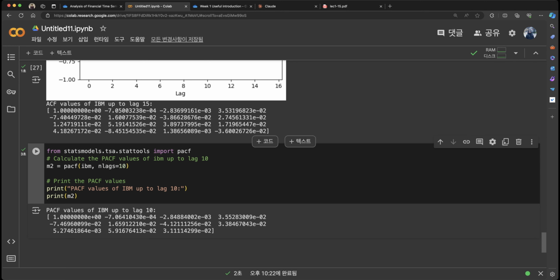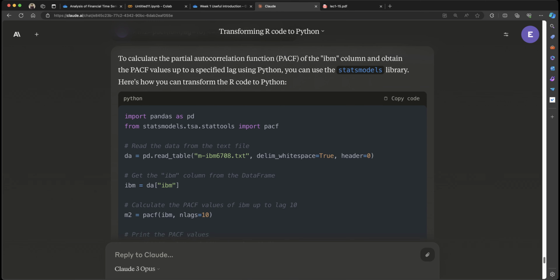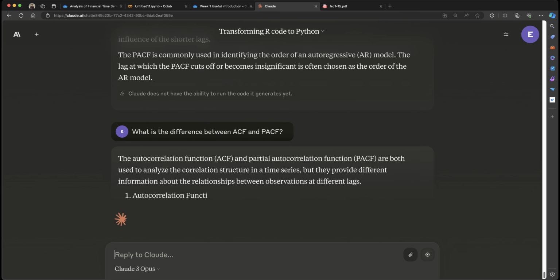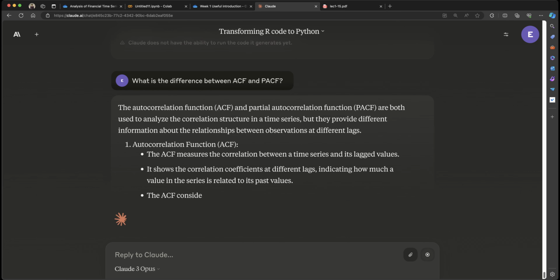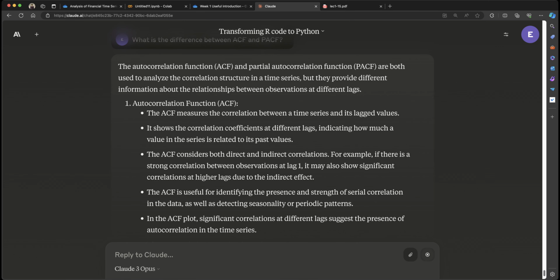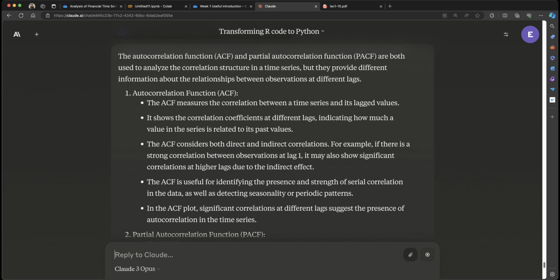Of course, to remind you, you can always ask what is the difference between the ACF and PACF, autocorrelation function and partial autocorrelation function. The autocorrelation function and the partial autocorrelation function are both used to analyze the correlation structure in time series, but they provide different information about the relation between observations at different lags. The autocorrelation function measures the correlation between a time series and its lagged value.